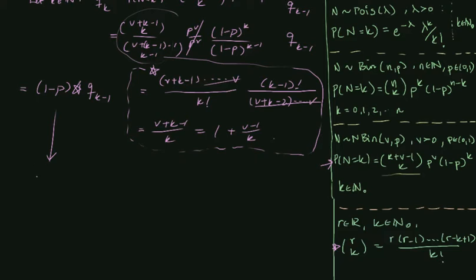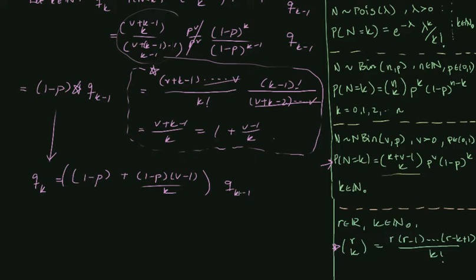So qk is equal to 1 minus p multiplied by 1 plus (v minus 1) divided by k, all of this multiplied by qk minus 1.